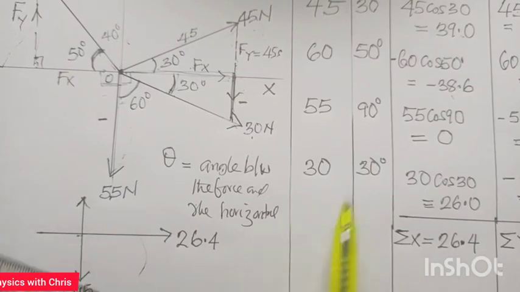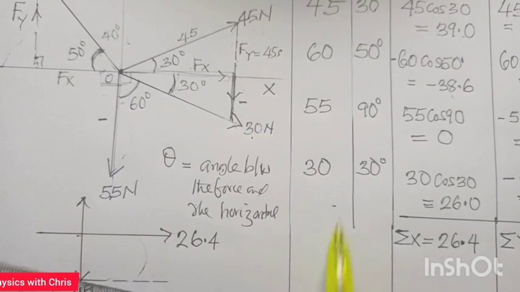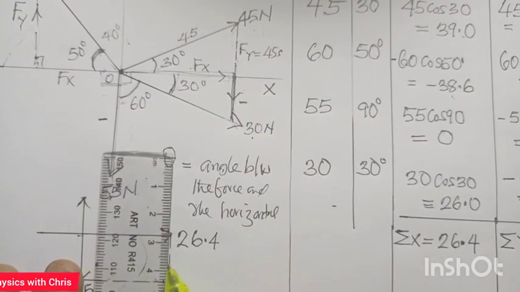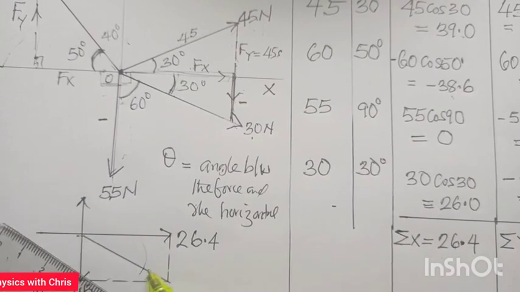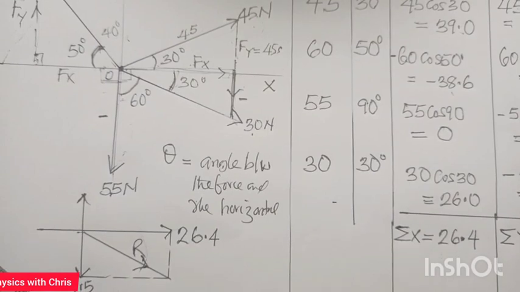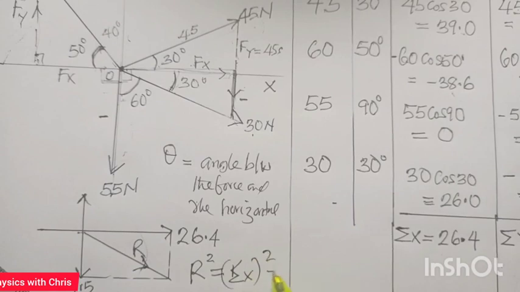So the next thing is for me to make this up to a rectangle in order to find the resultant. The diagonal of this rectangle, of course, represents the resultant of these two vectors, which by Pythagoras theorem, r squared equals summation x squared plus summation y squared.